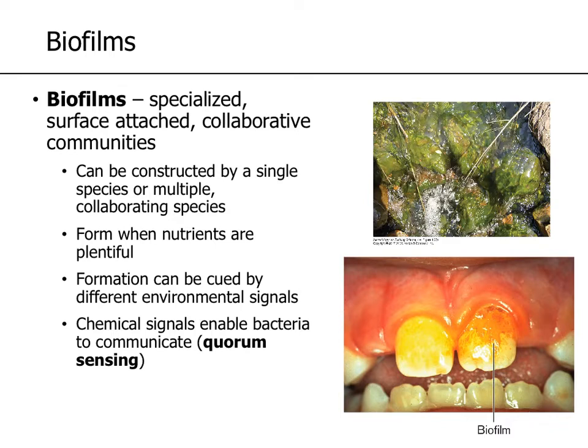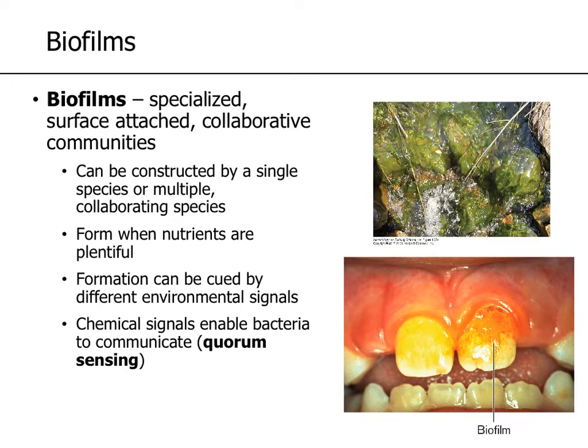Okay, so again, they form when nutrients are plentiful, and this whole process of creating a biofilm is going to be cued by certain environmental signals, right? So the bacteria need to know that, oh yeah, all of a sudden there's tons of nutrients here. This is a good place for me to hunker down.